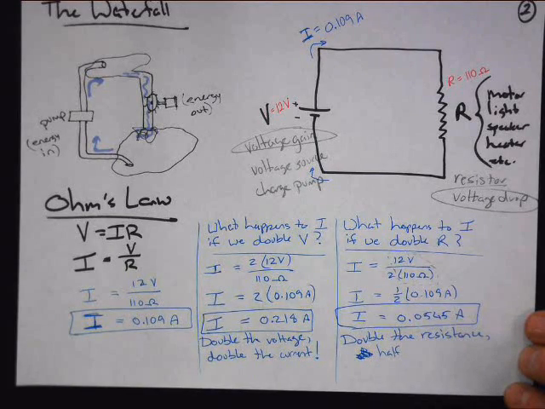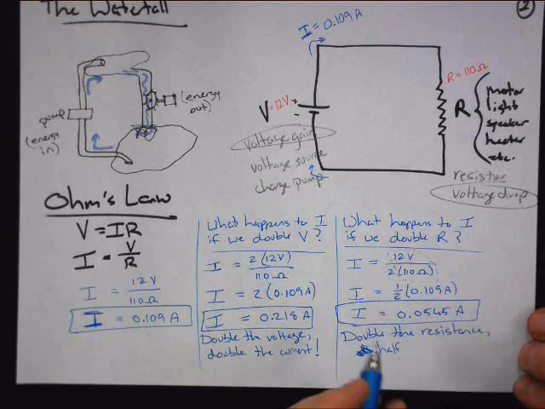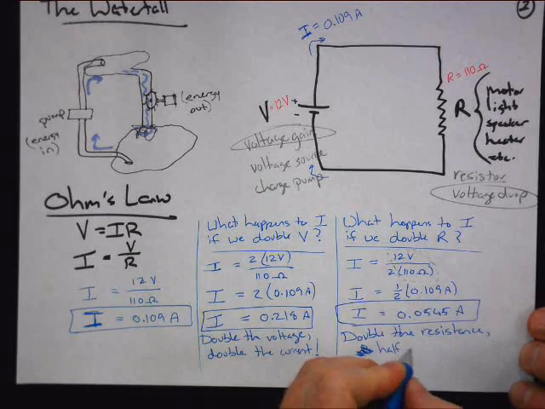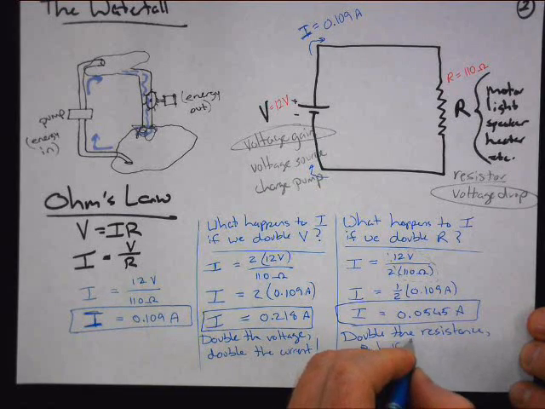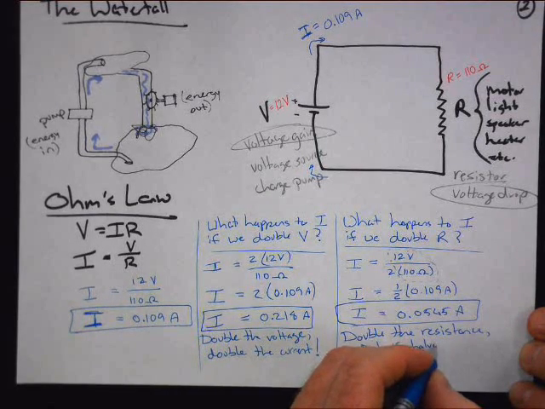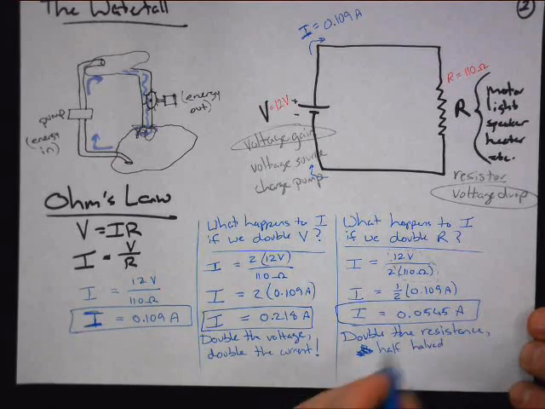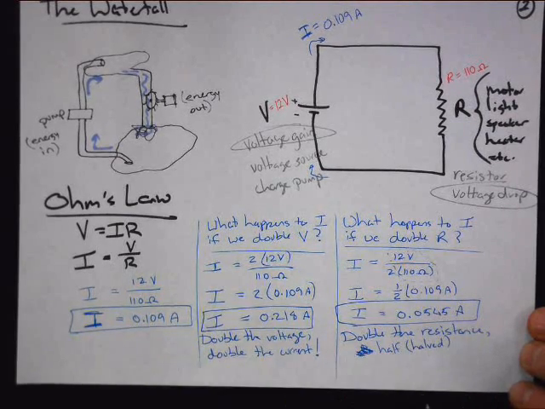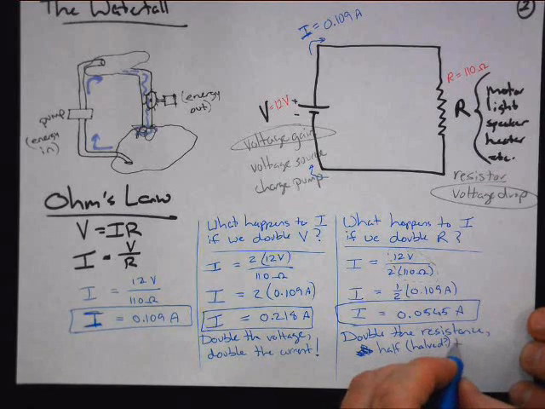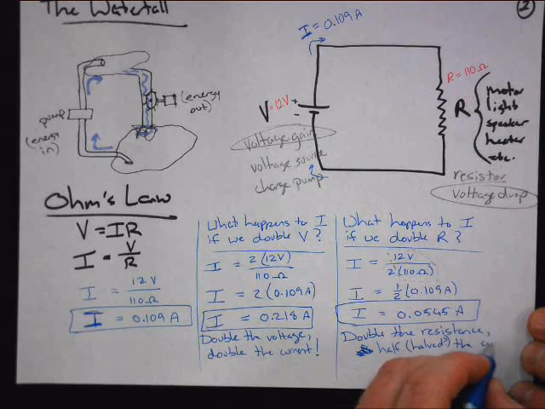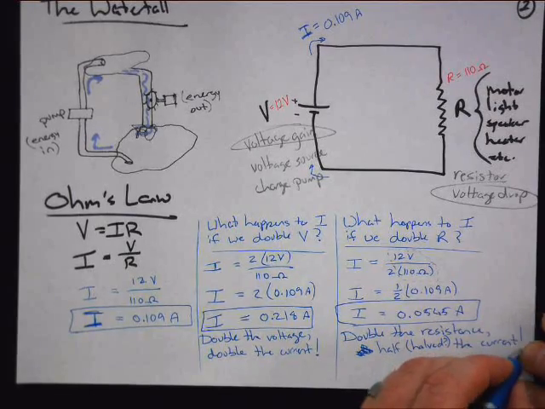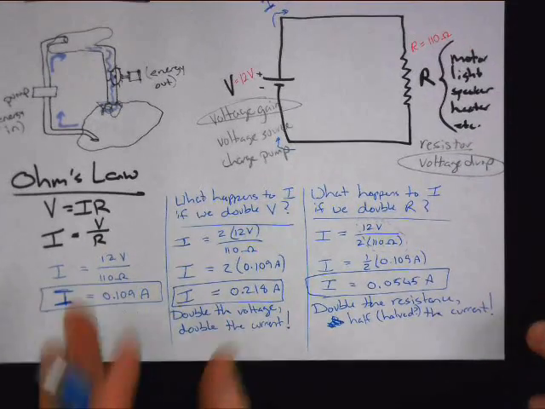What's the past tense verb form of that word, halved? This is where you're smarter than me. Halved? Question mark, I think. Halve the current. You know what I mean.